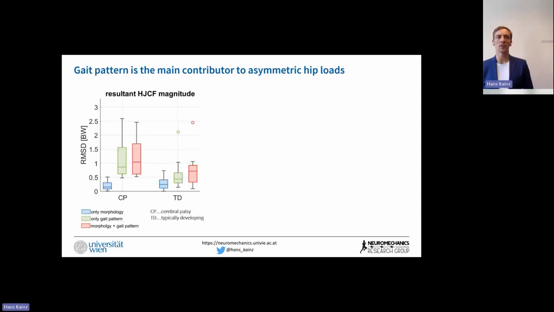What we found was that in our CP children, as well as in our healthy, typically developing participants, the gait pattern, which is shown here in green, had a larger impact compared to the morphology. Furthermore, as expected, the asymmetric hip joint loads were a lot higher in the children with CP compared to our healthy participants.